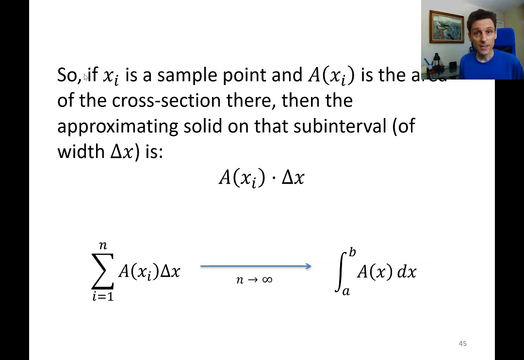So generalizing this to this cross-sectional method that works not just for solids of revolution, but also for cases where you are told exactly what the cross-sections look like. If we have x sub i as a sample point, and then A of x sub i is the area of the cross-section at that x value, whatever that is, a circle or a square.